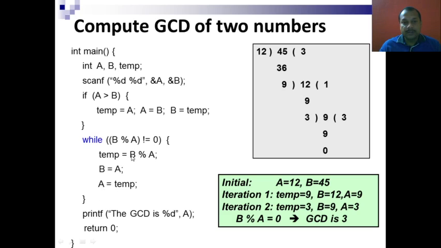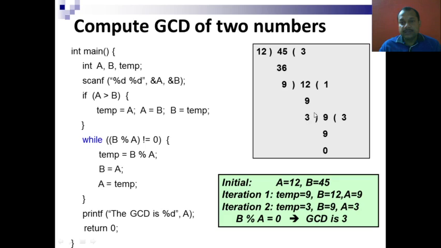After the division, B percent A will give 3 here. Now this 9 will go from A to B, and A will get 3. Now 9 percent 3 will be evaluated to 0 because it is a perfect division, and after this division it will come out. Now, where is your GCD?